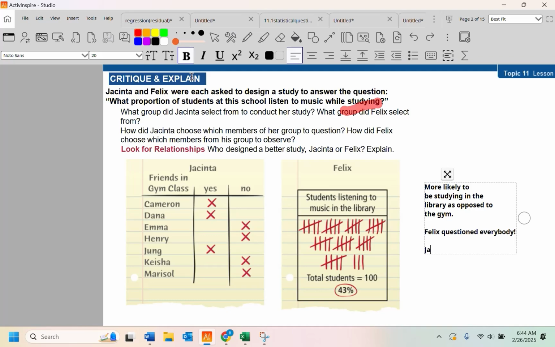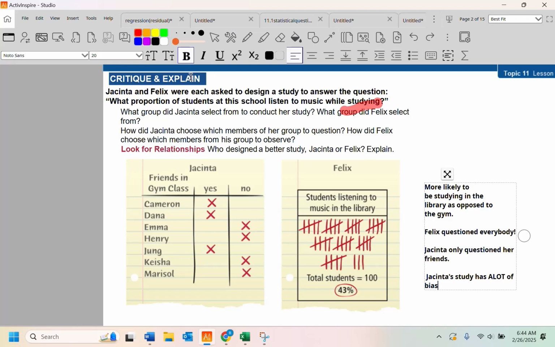All right. Jacinta only questioned her friends. Now, Jacinta's study has a lot of bias. It's not a very good one. Jacinta has, what, 3 people that listen to music and 4 that don't.